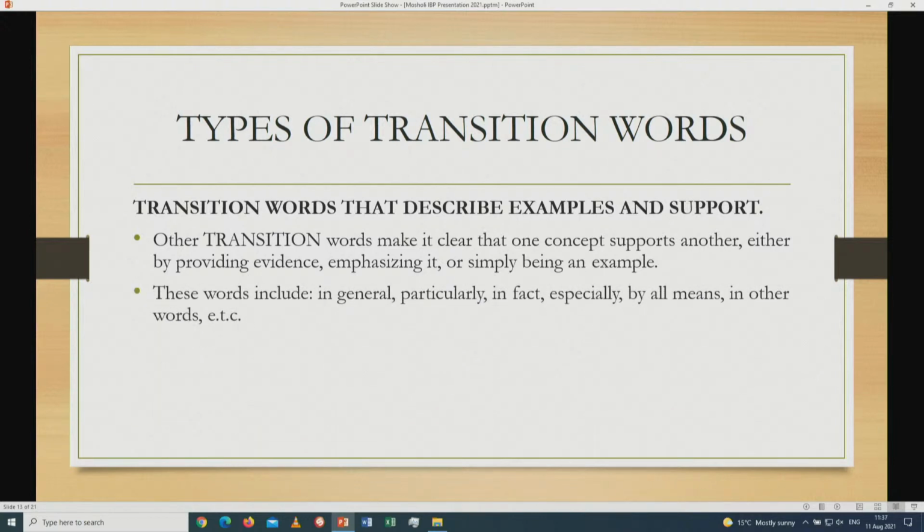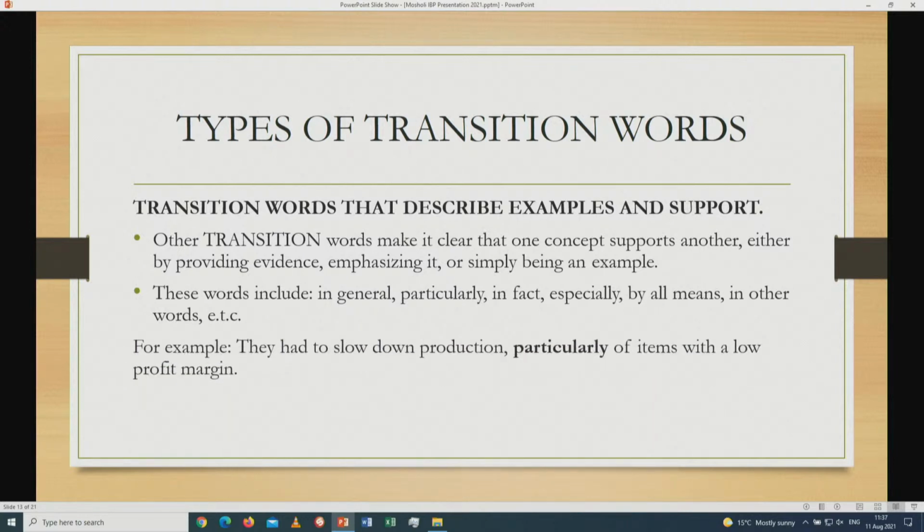These words include in general, particularly, in fact, especially, by all means, in other words, etc. For example, they had to slow down production, particularly of items with a low profit margin. I love all kinds of pizza, especially stuffed crust pizza.